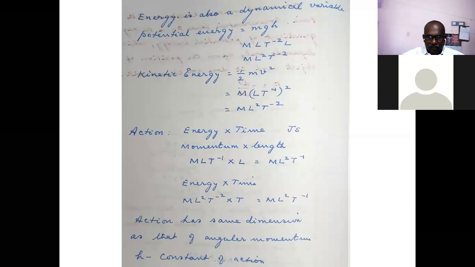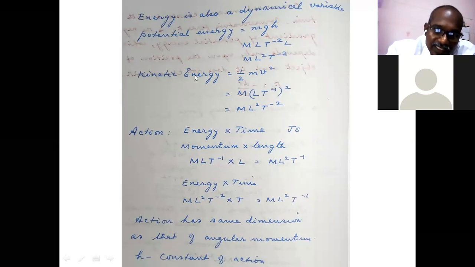Look here, energy is a physical variable. Potential energy is mass, gravity into height. What is potential energy? The energy possessed by a body by virtue of its position.